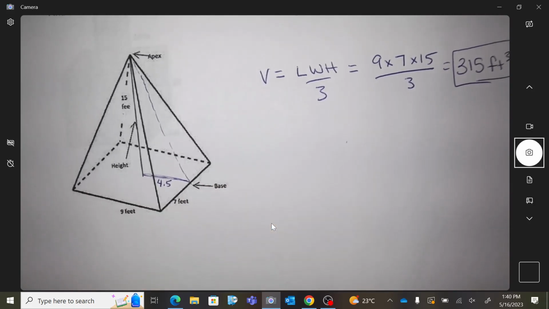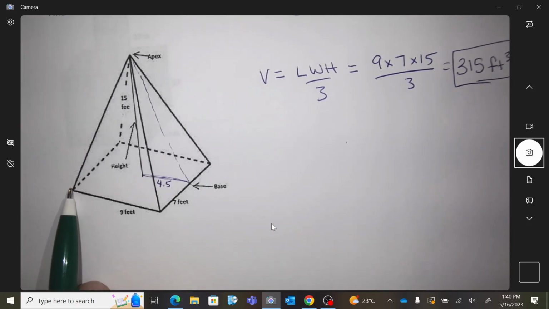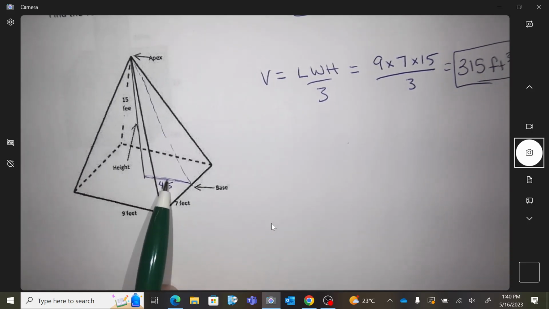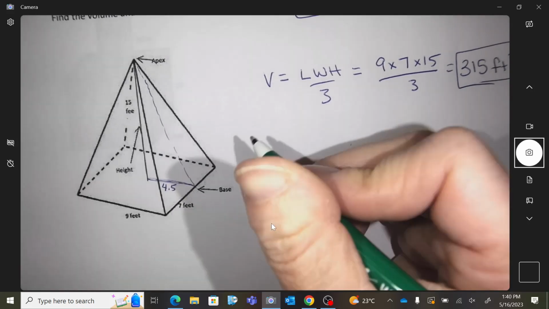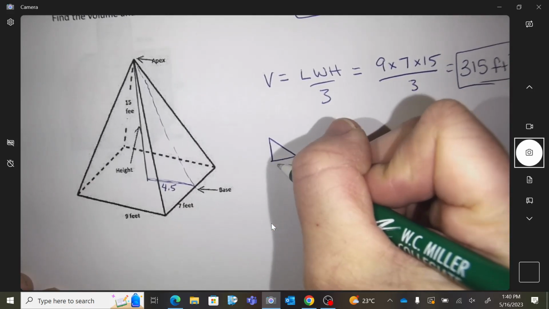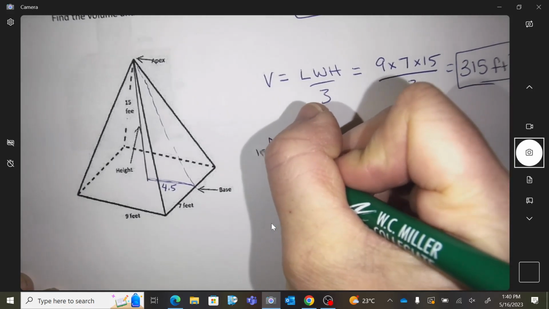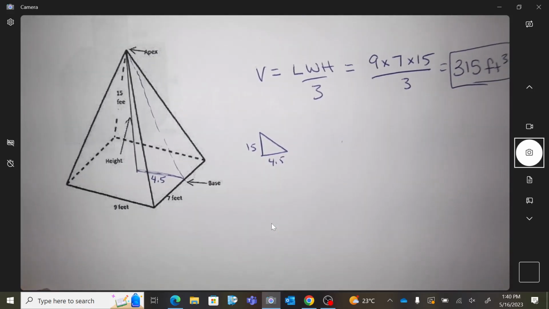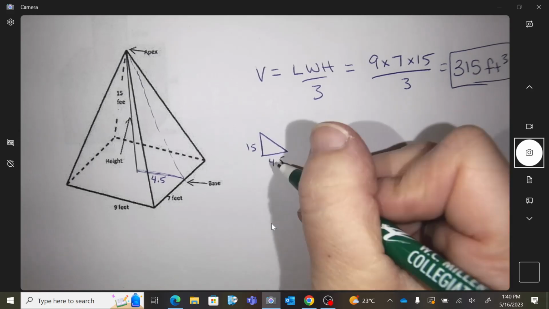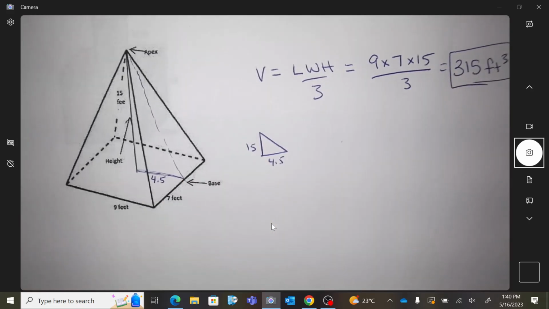Would you say that's 4.5 across there, the bottom right there? This is 9, so this is going to be 4.5. So if there's a 4.5, a 15, and a, can you get me that Pythagorean theorem number?